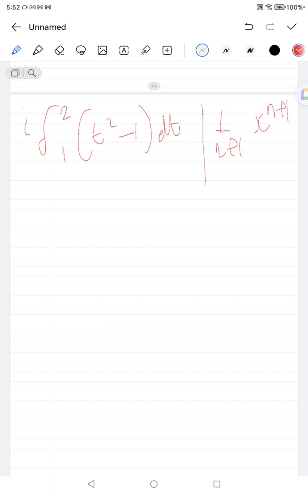So you're going to have 1 over 2 plus 1 multiplied by t to the 2 plus 1. This is the same as t to the exponent 3 over 3. Then the 1 will become minus t. That's the final answer.